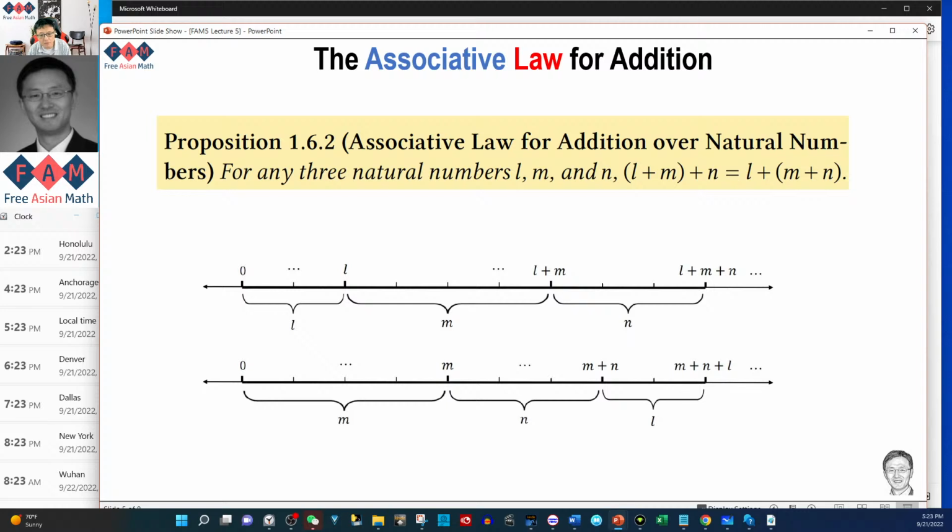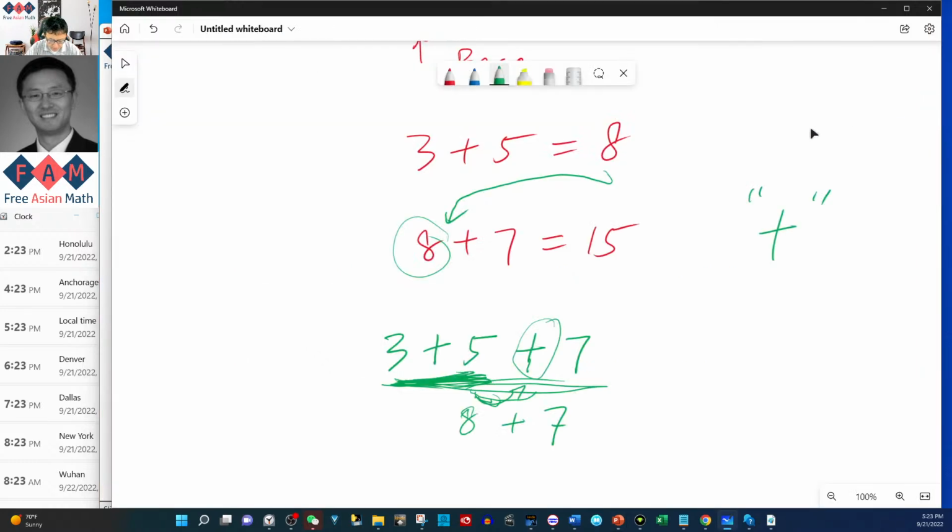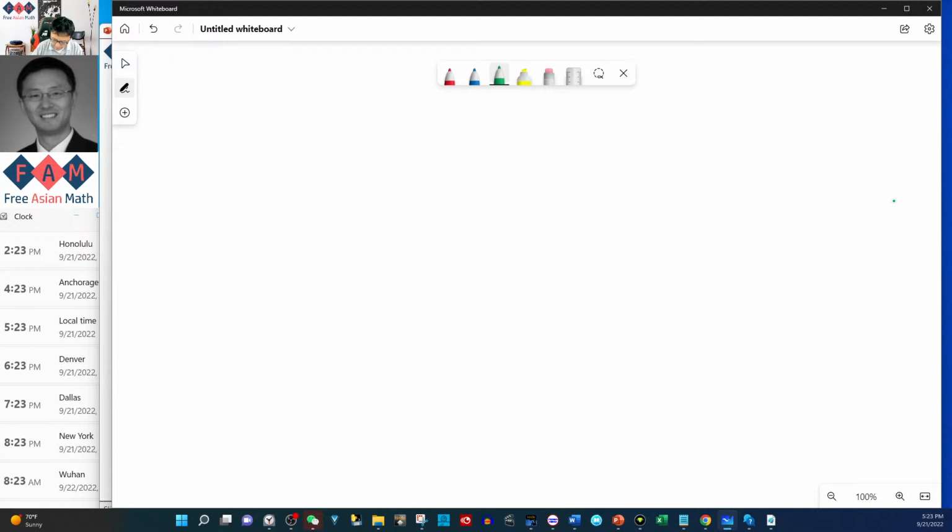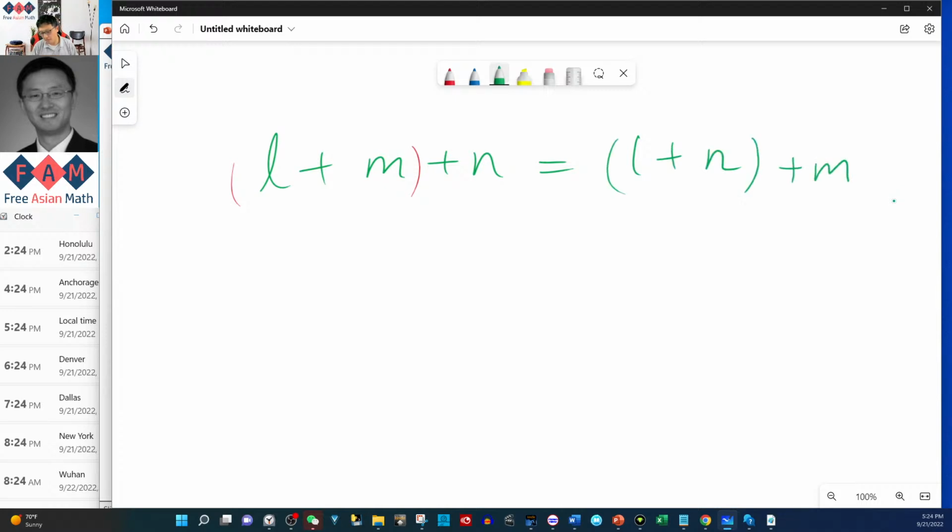And it's very important to understand, in this case, it does not even allow us to say something like associative law means that L plus M plus N equals to, well, the parenthesis here is optional, but we put it there, this equals to L plus M plus M. In this case, we are grouping the first and the third first.